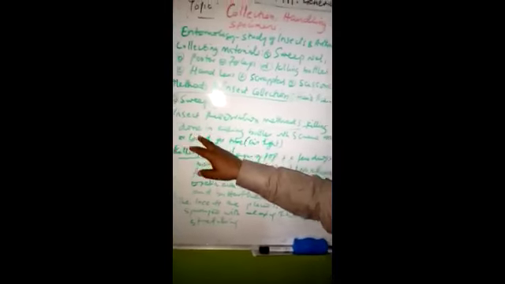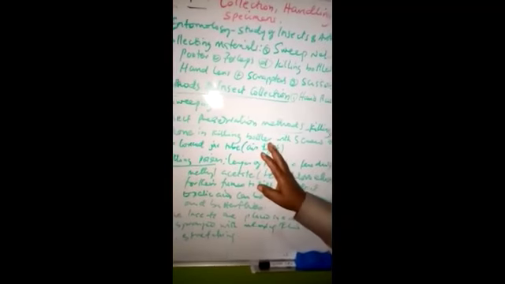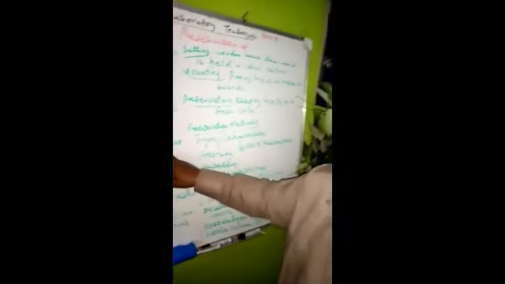Then insect preservation methods. What are the methods used in preserving insects? One, killing, which is done in killing bottles. A killing bottle is just a small bottle where the insect is put. You cover it with a screw cap or screw jar, then make it what?